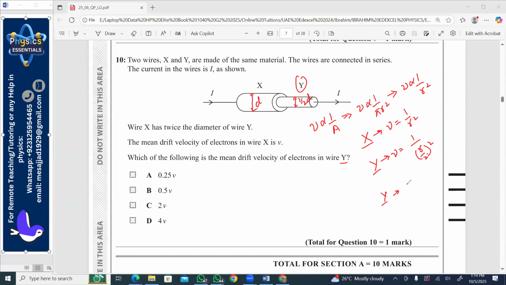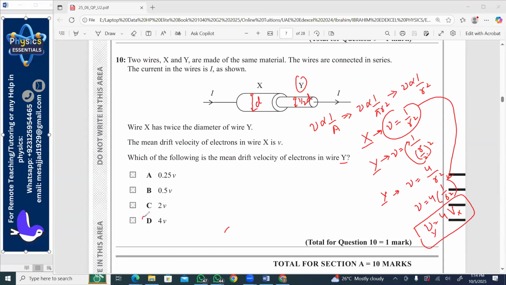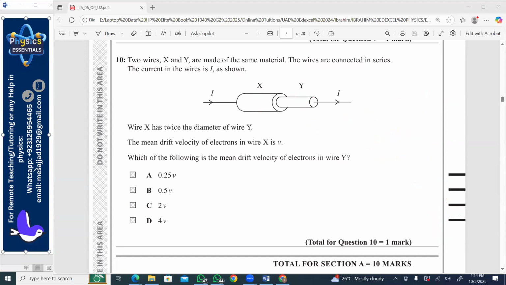So from here, this 2 will go up to the numerator and it will become 4 over r squared. So previously for x, it was 4 vx, and this is y. So the speed of electrons in y will be 4 times the speed in x, okay? Therefore, the option is D.